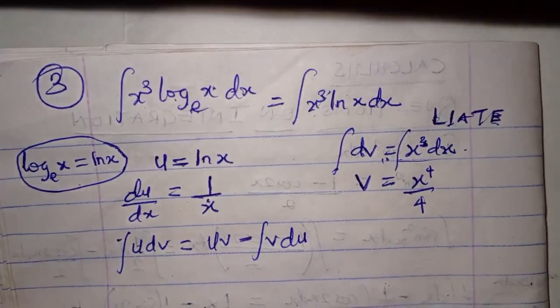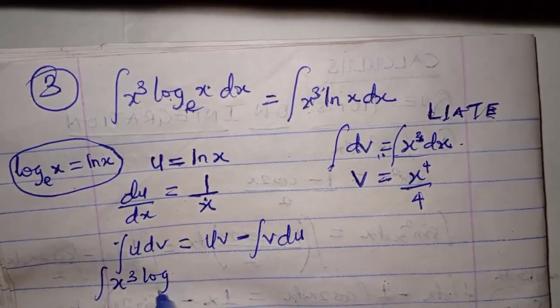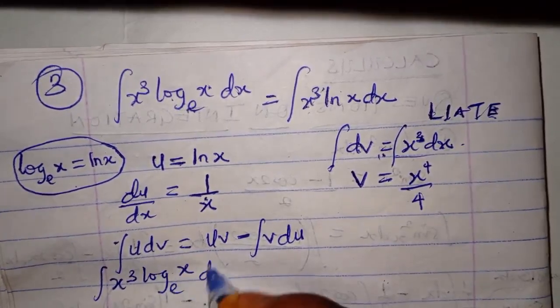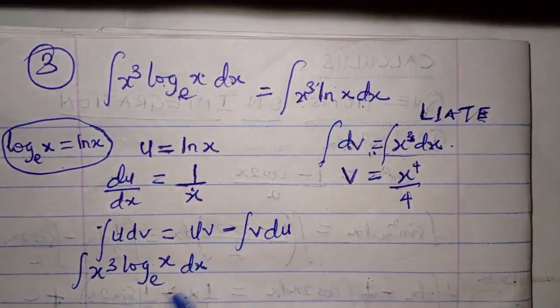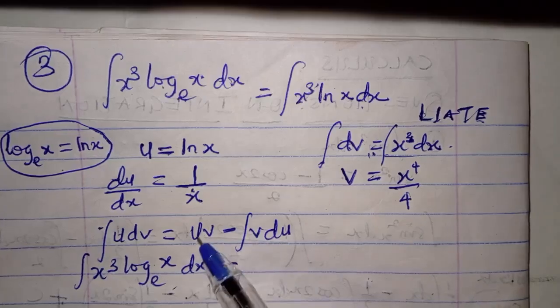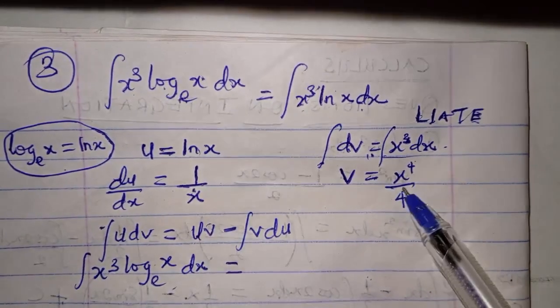What is the integral of x cubed log x to base e? Why am I writing log x to base e? It's the same thing anyways. I'm supposed to write ln x, but no problem. We are still on point. What is u? u is ln x. What is v? x to the fourth all over 4.